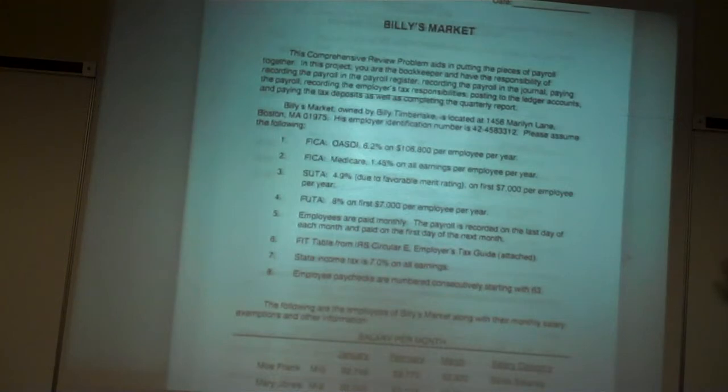So you have to look at this. I like to put the wage base at the top of the column, and then you'll have a cumulative before that pay period. That's the number you need to look at. How far away are they from the 106,800? If they're already there, we don't calculate for that person.